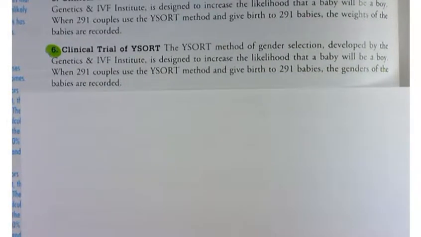The Y-sort method of gender selection developed by Genetics and IVF Institute is designed to increase the likelihood that a baby will be a boy. When 291 couples use the Y-sort method and give birth to 291 babies, the gender of the babies are recorded. So, if you're looking for boys, you're looking for girls, whichever the case may be, let's see if this is a binomial random variable.